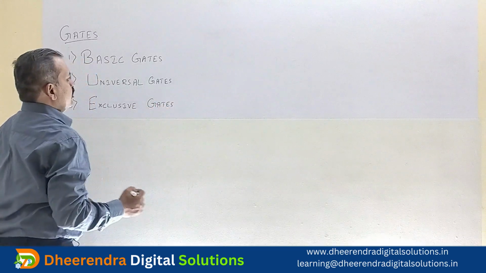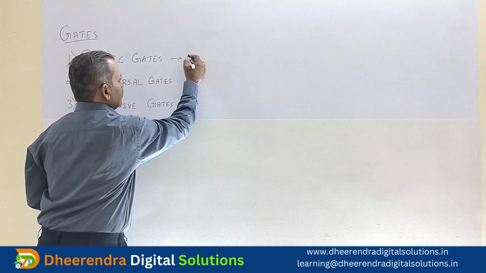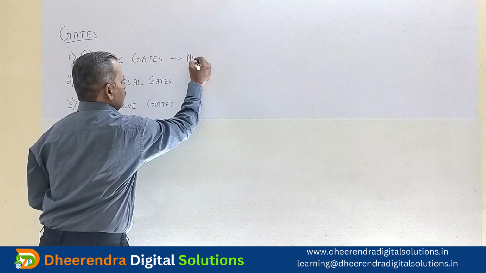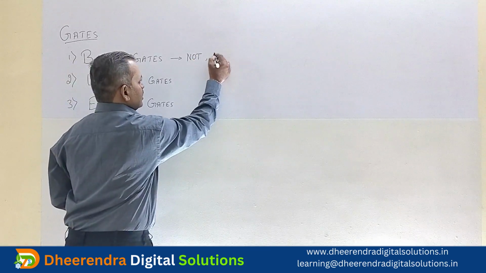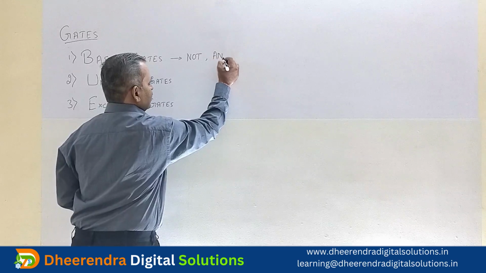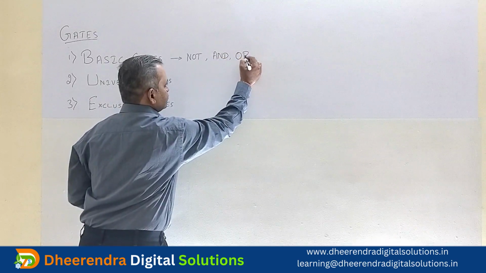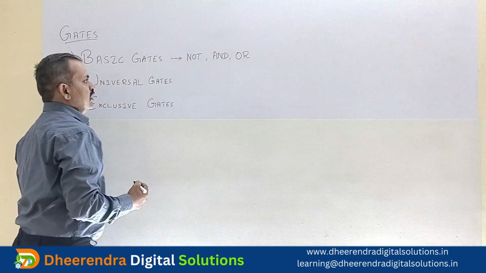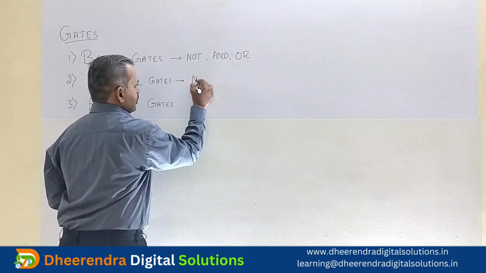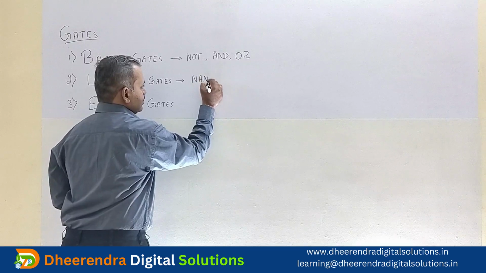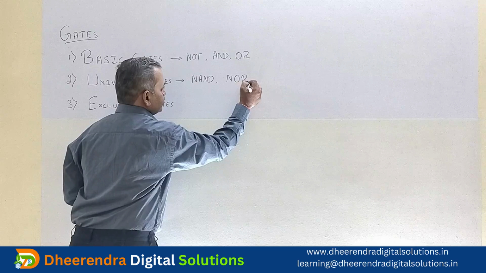Now, when it comes to basic gates, we have three of them. The first one is the NOT gate, which is also known as the inverter. The second one is the AND gate, and the third one is the OR gate. Similarly, when it comes to universal gates, we have two gates. One is called the NAND, and the other one is called the NOR gate.